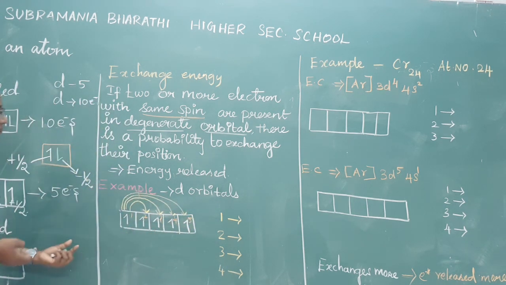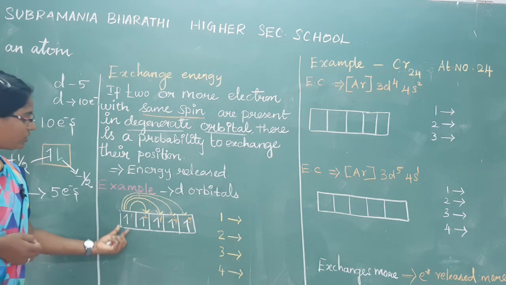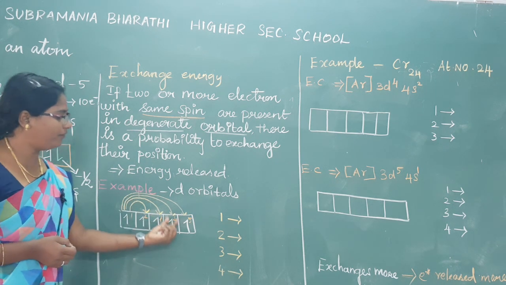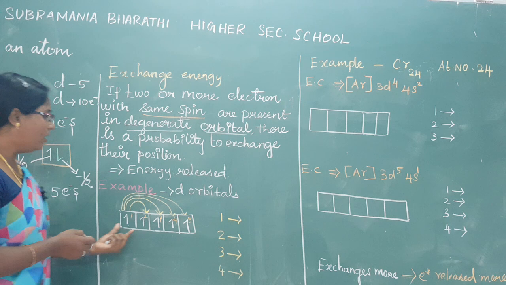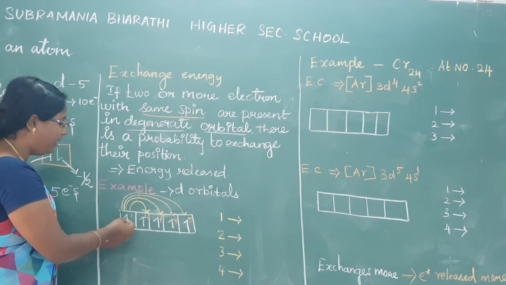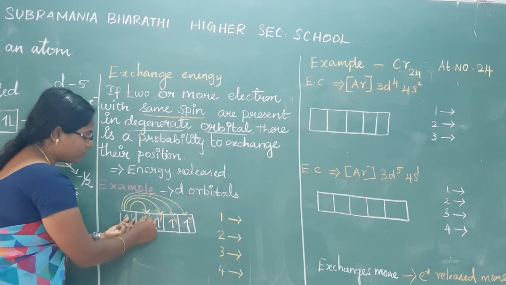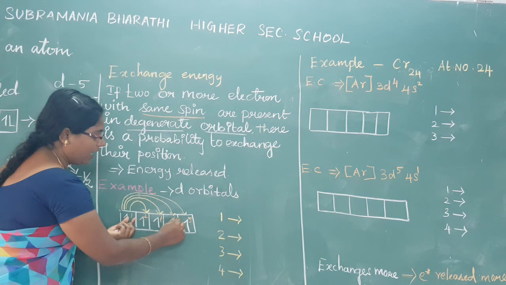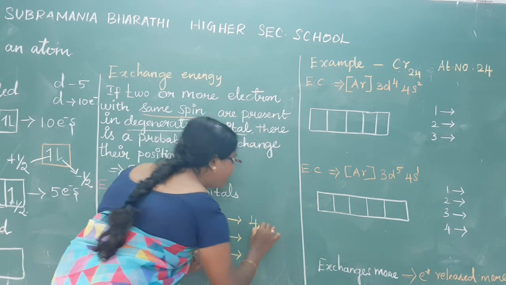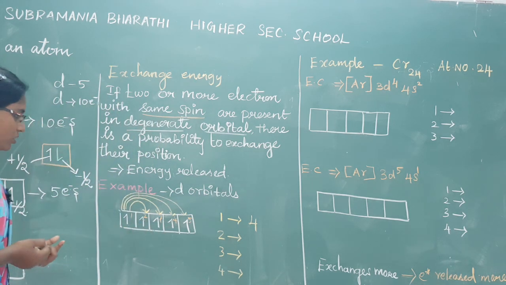In this way, I can exchange the energy of the first electron with the second, third, fourth and fifth electron. So, the number of possibilities will be 1, 2, 3, 4. The first electron will have 4 probabilities to exchange the position.